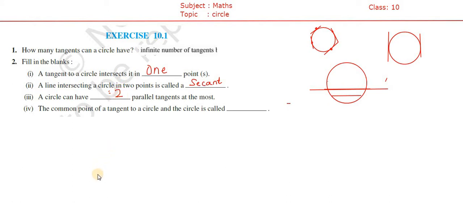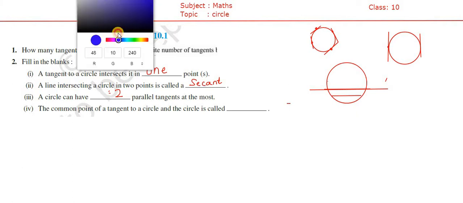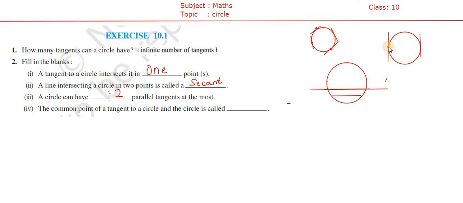Next, the common point of a tangent to a circle and the circle is called dash. Actually, I forgot to tell about this point in the previous video. Here the tangent touches the circle at this point. The point where the tangent touches the circle is known as the point of contact.